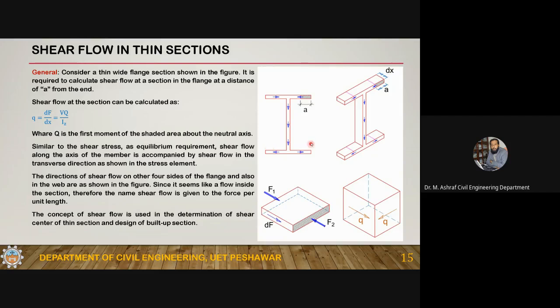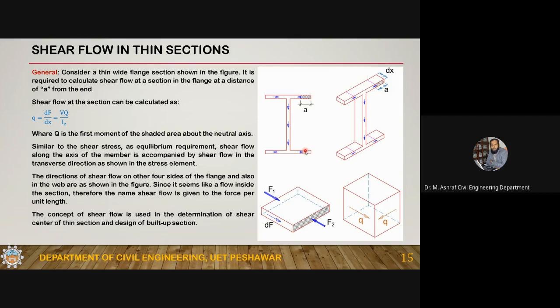Now, similarly, if you take a section here, then it will give you a shear flow along the axis of the member, and the equilibrium requirement will give you a shear flow in this direction also. So in the web, the shear flow is in this direction. Now here you can see the shear flow in the flanges and in the web. It is like something is flowing.